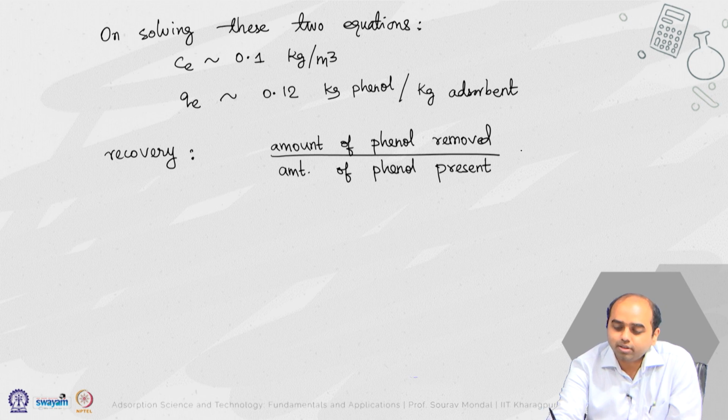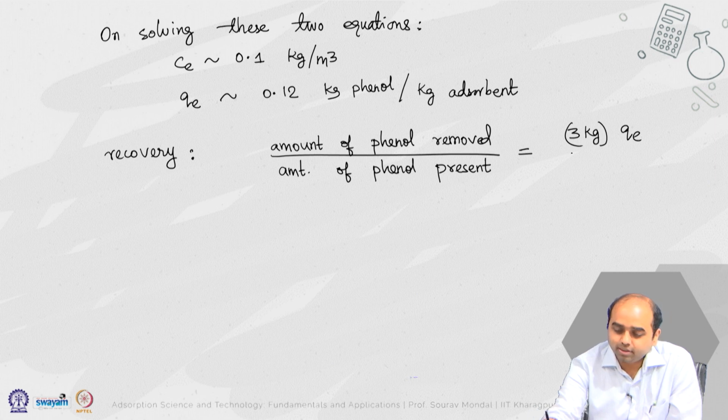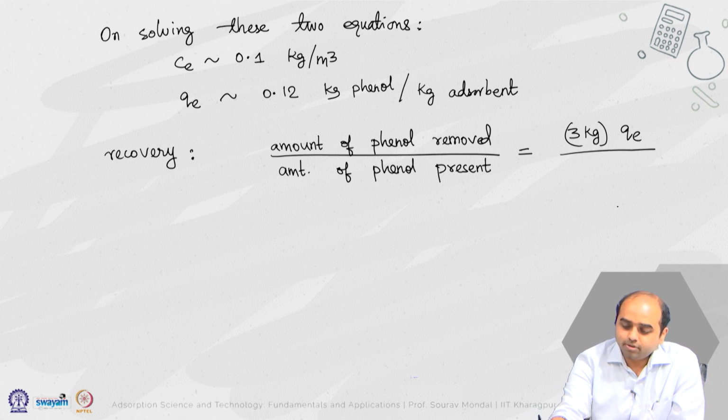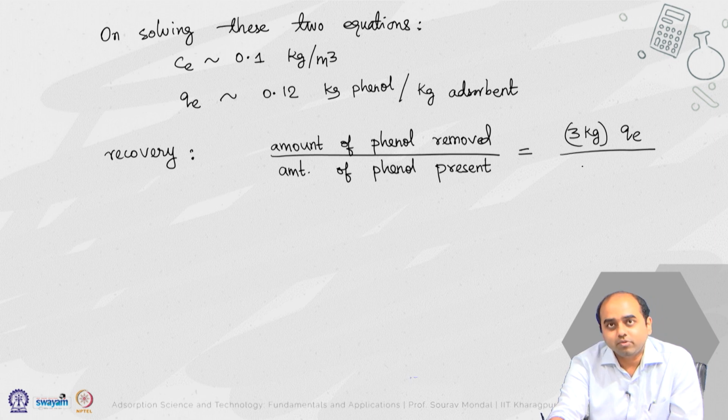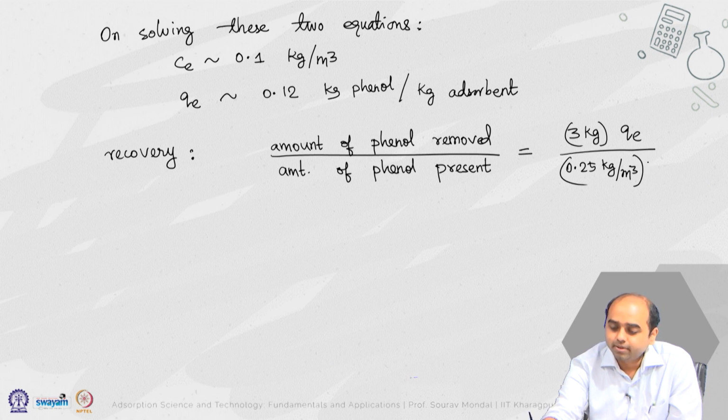In this case, the amount of phenol that is removed is 3 kg of the adsorbent multiplied with Qe. The total amount of phenol that is present, we can take from the condition before the adsorption. So, that is 0.25 kg per meter cube multiplied with 2.5 meter cube of the solution.